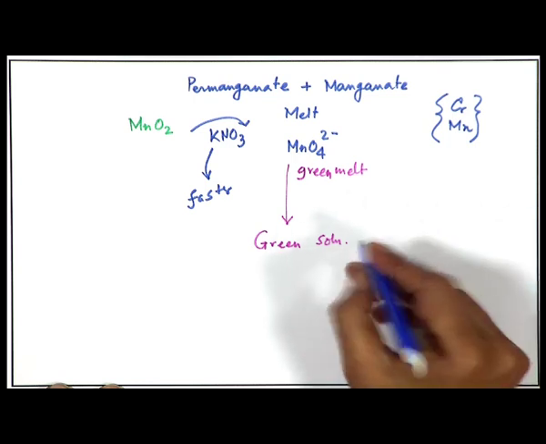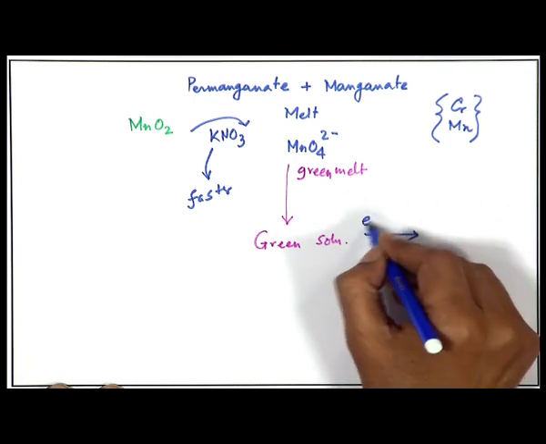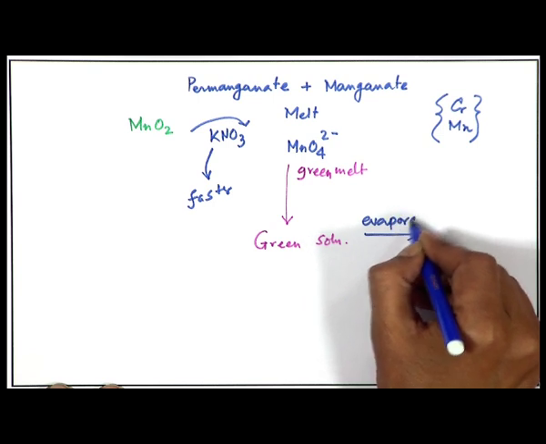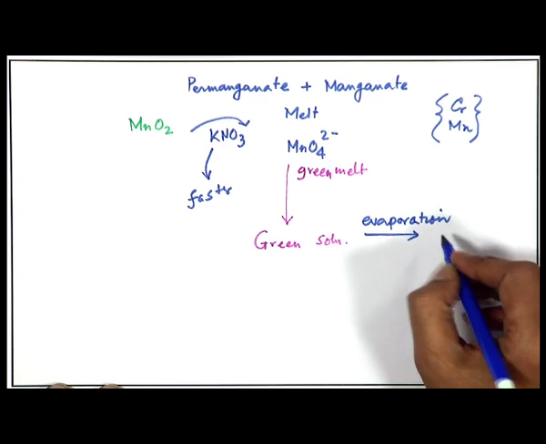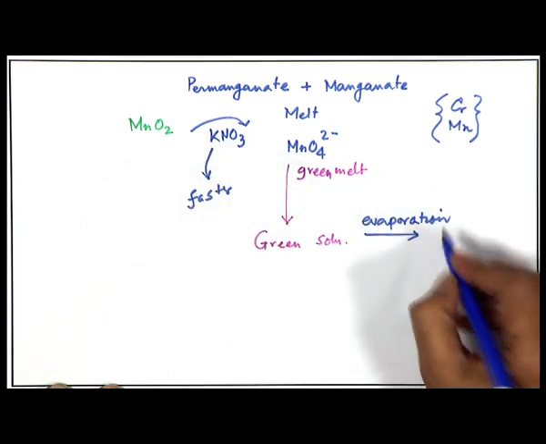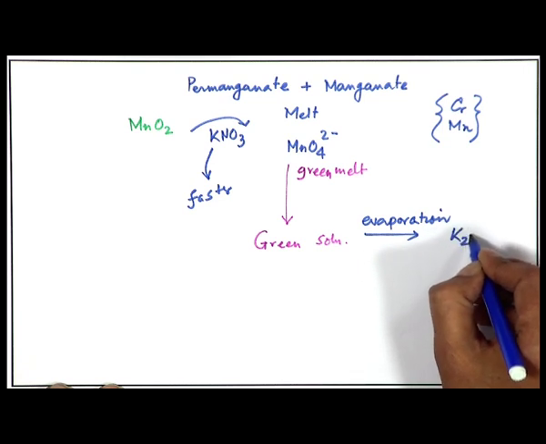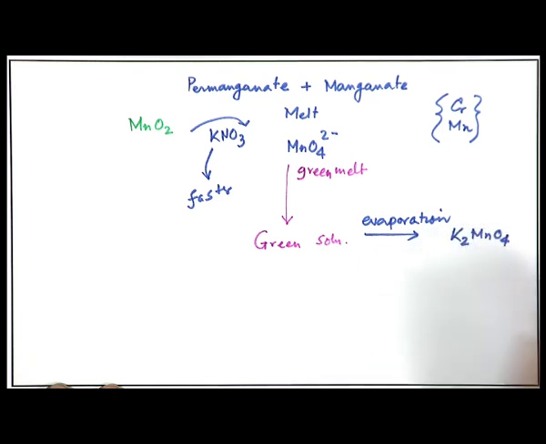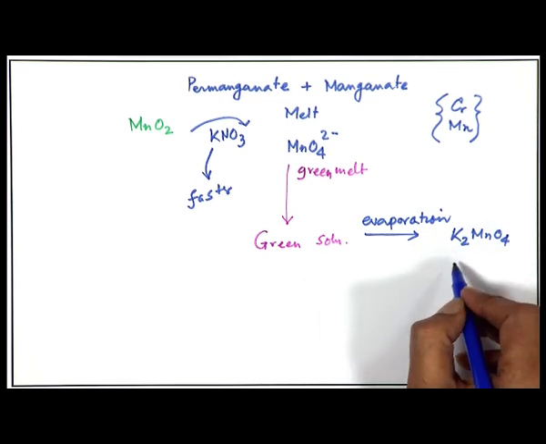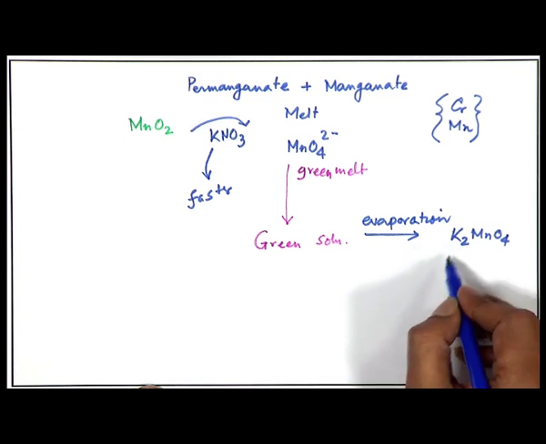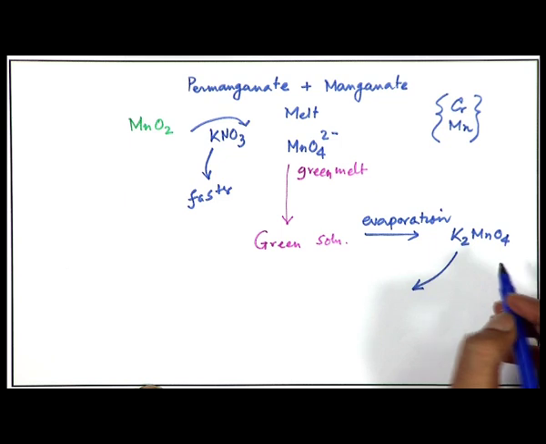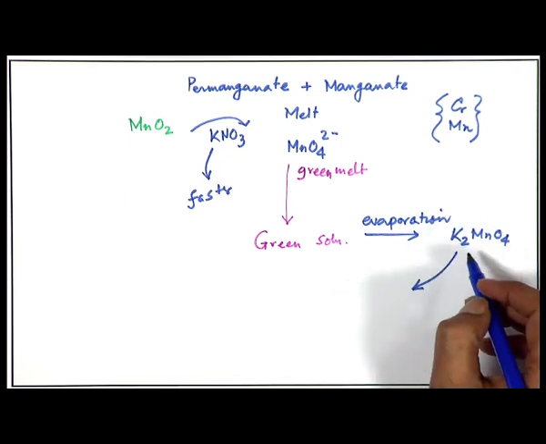From this green solution we go for evaporation. If we use potassium, it will give you K2MnO4. That K2MnO4 is the green solution which can react with water, forming permanganate as well as manganese dioxide. Or electrochemically this can be oxidized.